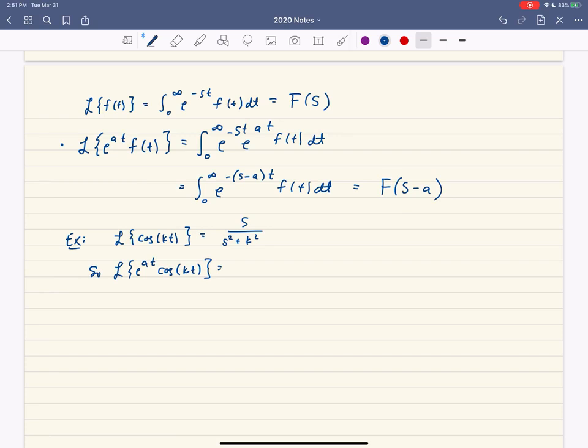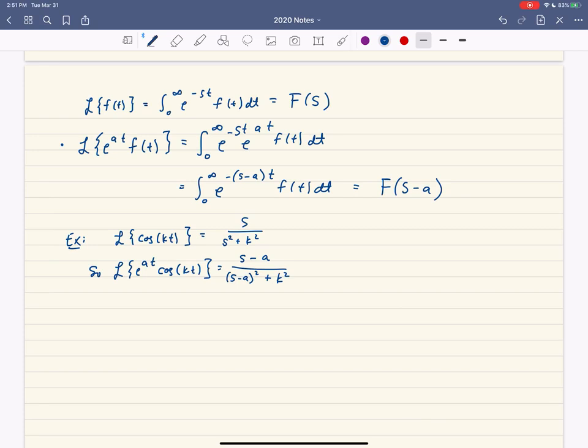Think about what it means to shift this Laplace transform by a. Well, wherever there was an s, we're going to put an s minus a. So this is going to end up being s minus a over s minus a squared plus k squared.